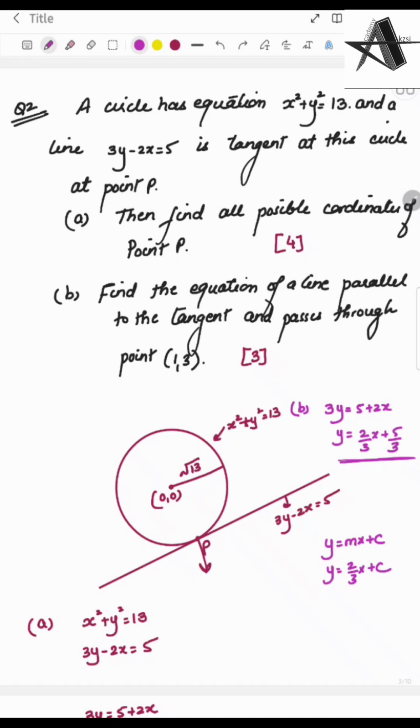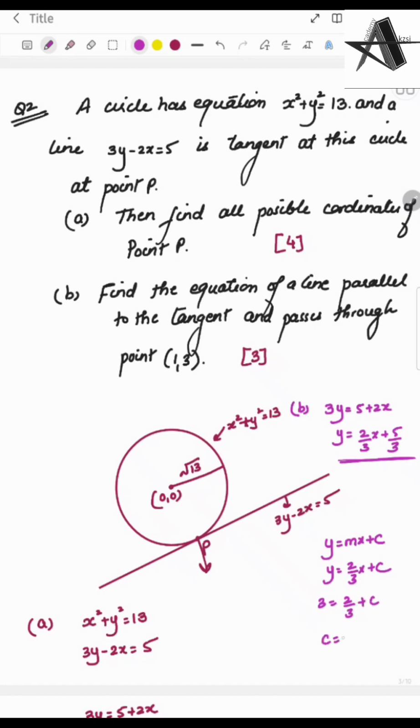That means 1, 3 will satisfy the equation. If I put the value of x and y of this coordinate, it's acceptable. So I can substitute the value of x as 1 and the value of y as 3 in this equation. So y is 3, x is 1.